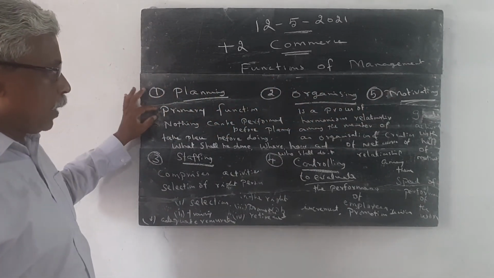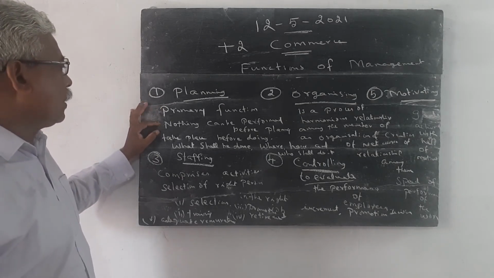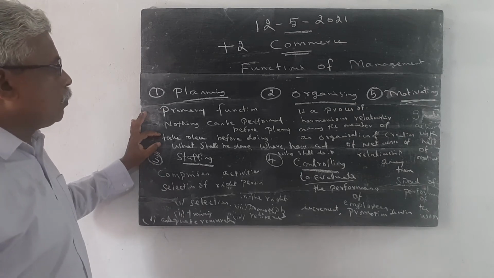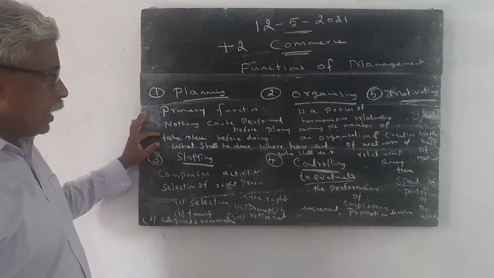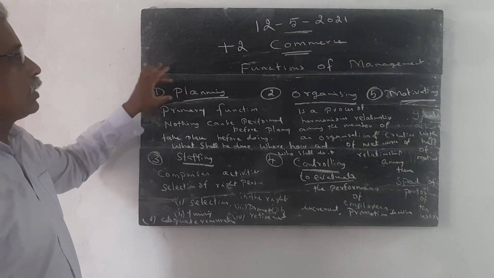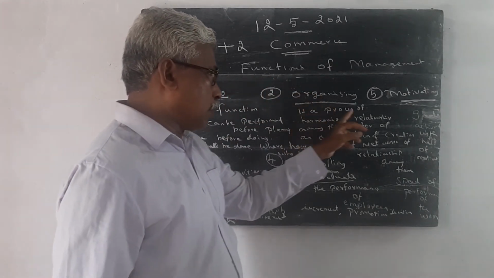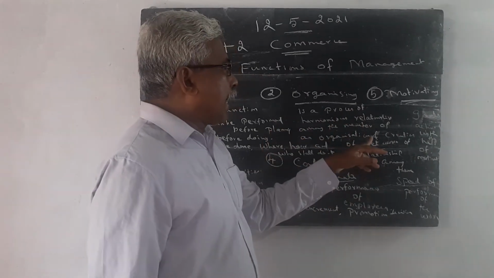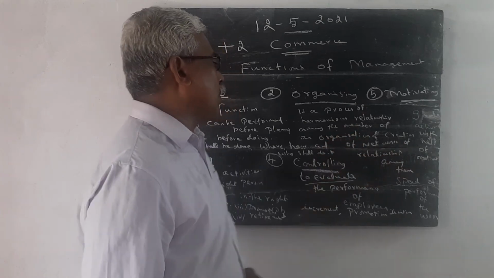Planning is the primary function of management. Nothing can be performed before planning. Planning takes place before doing. What shall be done, where, how, and who shall do it is determined before starting the work. It is called planning. Organizing is a process of harmonious relationship among the members of an organization and creation of network of relationship among them.